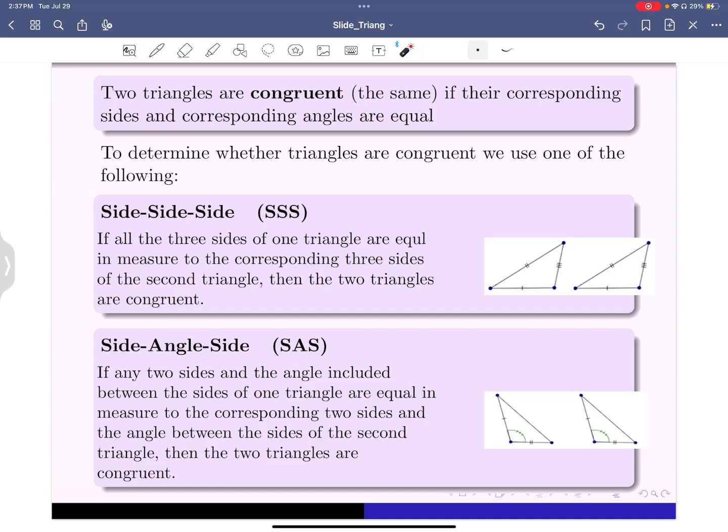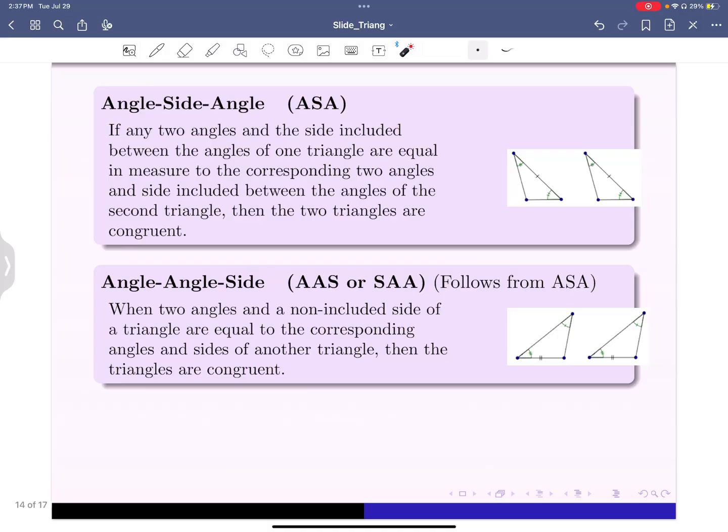We can also use side, angle, side. So if two sides are equal and the angle between them is equal, then those two triangles would be equal. Or we can use angle, side, angle. So we have two angles and the side between them. Then these two triangles are congruent.